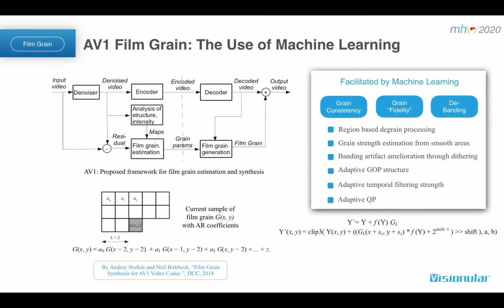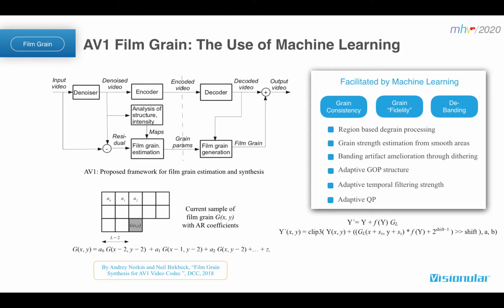In this slide, we give the overall workflow for the use of film grain. We also recommend a paper authored by Andrey Norkin and Neil Birkbeck, published in 2018, that has a good overview of the film grain tool that has been included inside the AV1 standard.